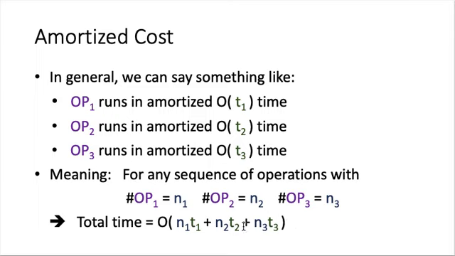So this is bounding the total time. Although there could be some worst case where one operation can take a huge amount of time, the total time is always bounded by the number of operations of a certain type weighted by the time that it takes, and then we sum over all of them. So this is what amortized cost or amortized time means.